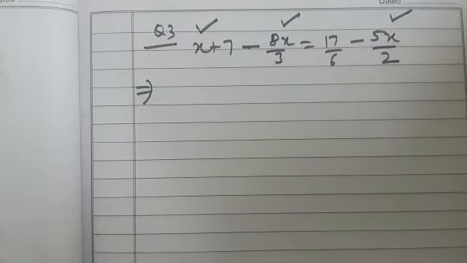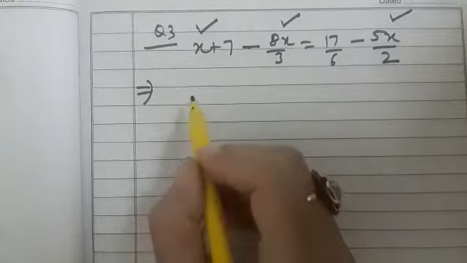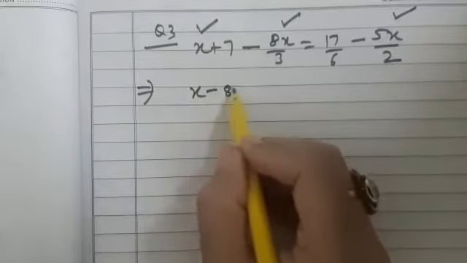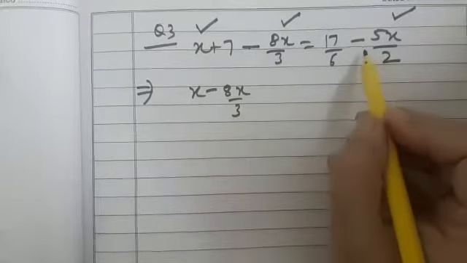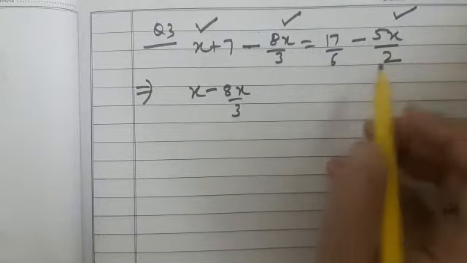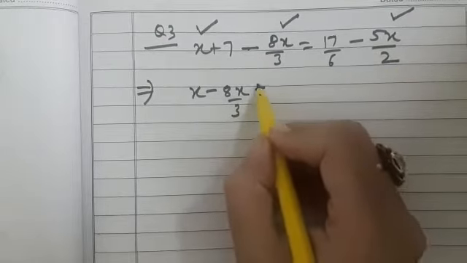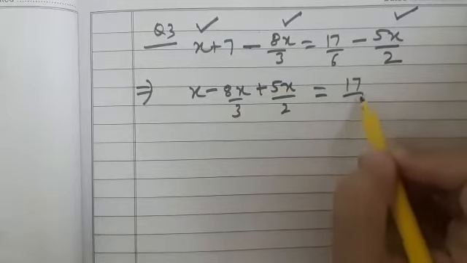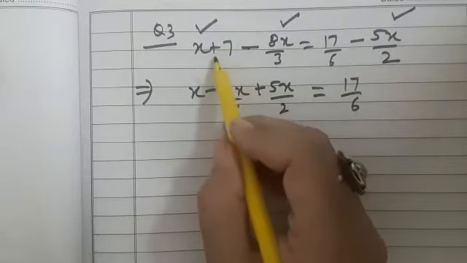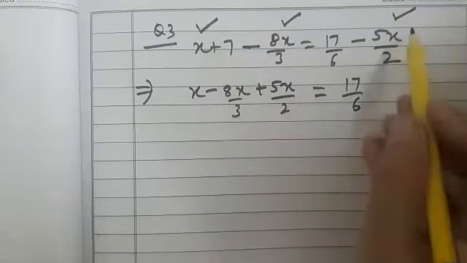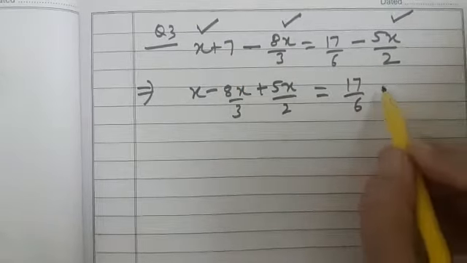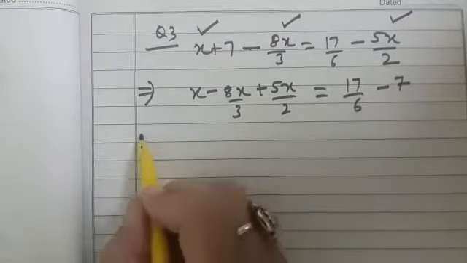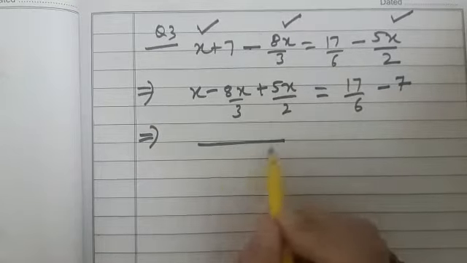So you can bring all to one side. So x minus 8x/3. When you transpose minus 5x/2 to the left hand side, it becomes plus 5x/2. So this is 17/6, and you transpose plus 7 to the right hand side, it becomes minus 7.